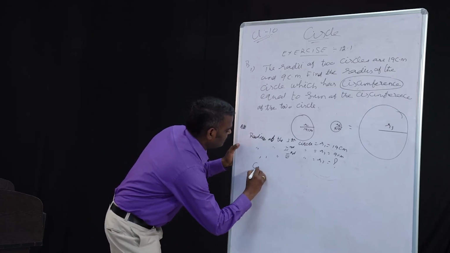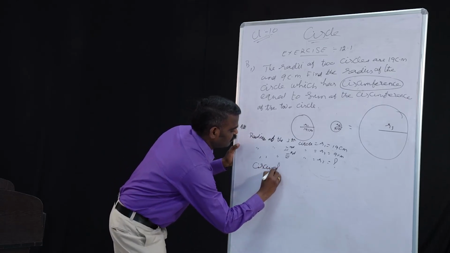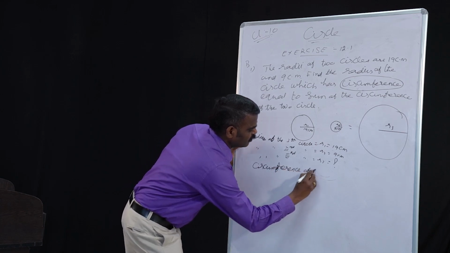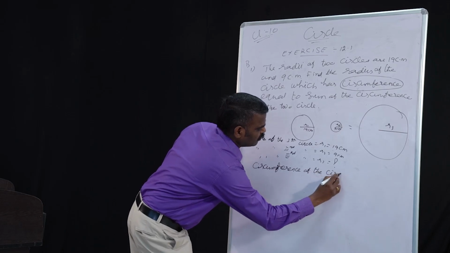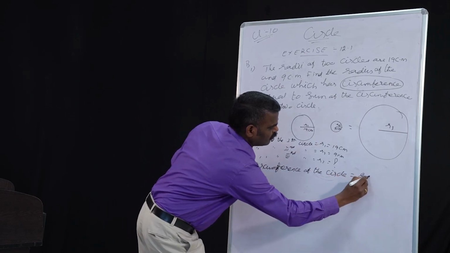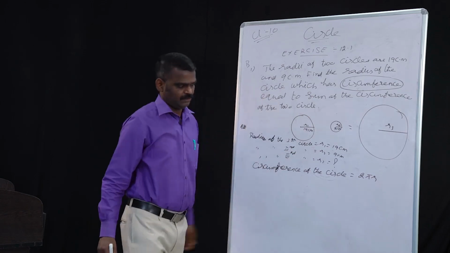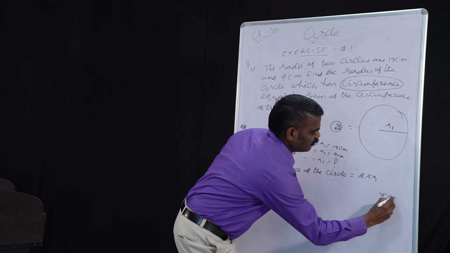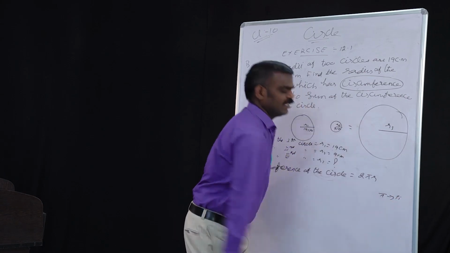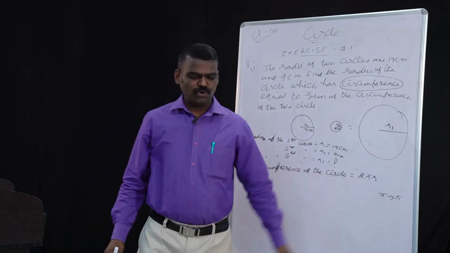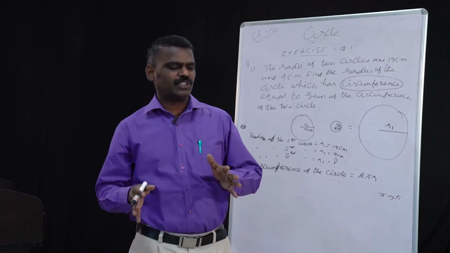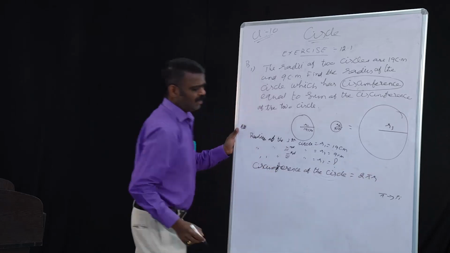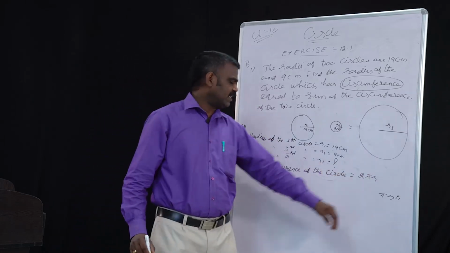There is a formula called 2 pi r. The meaning of this symbol pi is, it's a Greek word. If I explain the meaning of pi, it will take a lot of time. So with this formula you can get the answers.